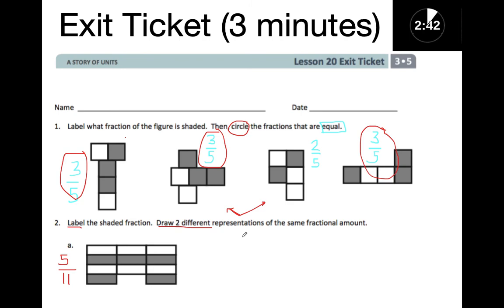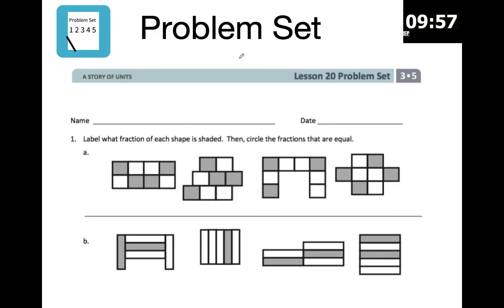And that is what you will be doing for work this weekend. So if you have a chance to go on to Microsoft Teams, or if you need me to share this with you separately, I can, but I will be attaching the problem set for lesson 20. You're going to be able to see the problem set is going to look just like this.